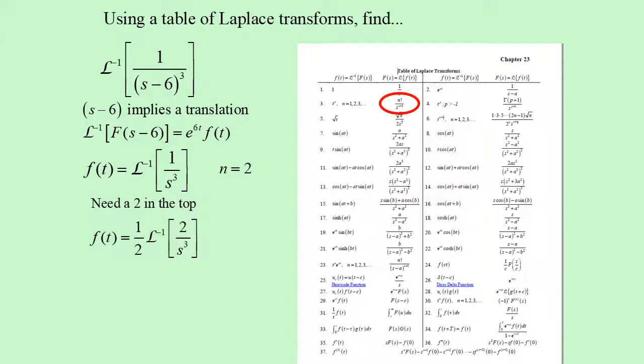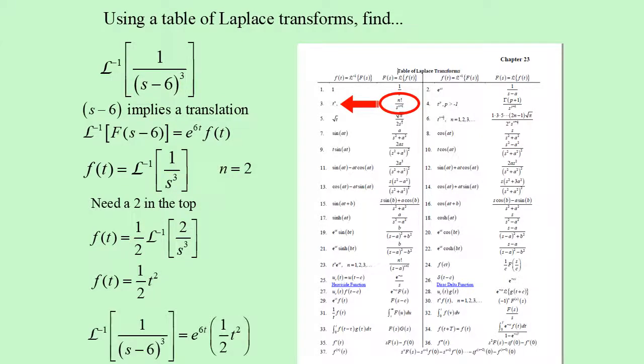And so we multiply the top by 2, we multiply out front by 1/2, and so the inverse Laplace of 2 over s cubed comes out to be t squared. And so we put those together and we end up with an e to the 6t times a 1/2 t squared.